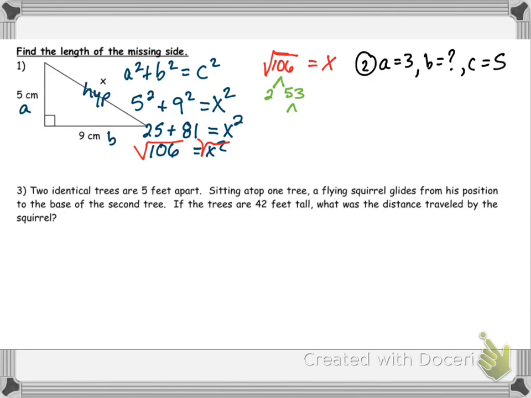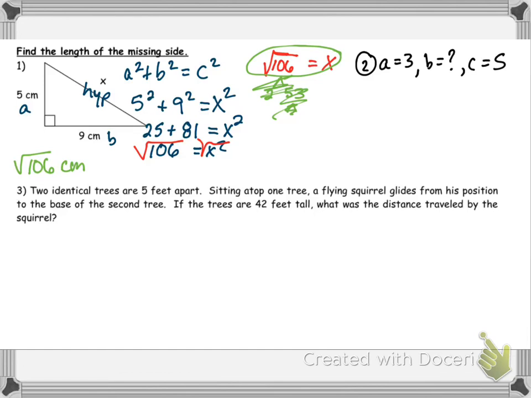That's one of our prime numbers. So I have 2 and 53. There are no pairs of numbers, so that means no numbers can be taken out. In this case, it cannot be simplified, and your final answer is just the square root of 106 centimeters. It looks really weird, but that is your final correct answer.